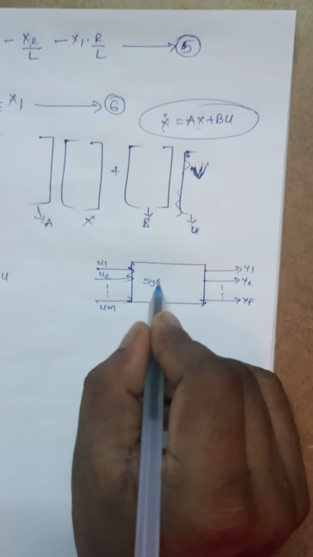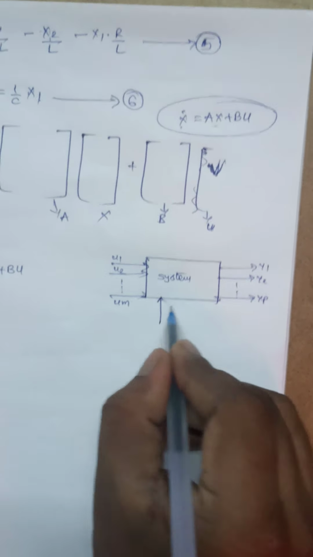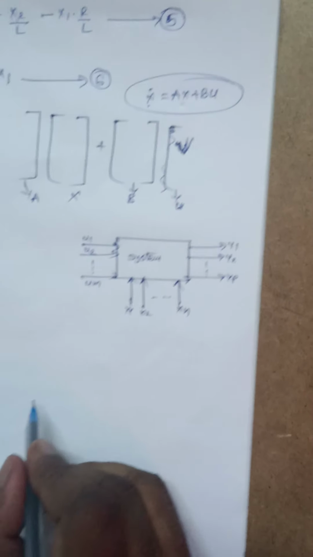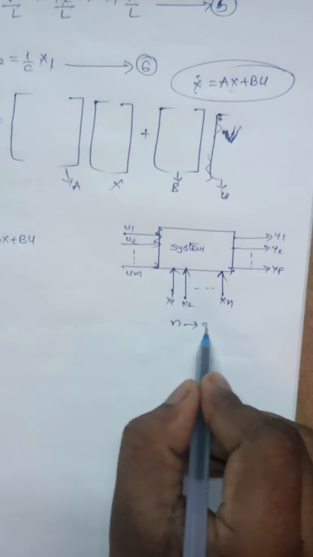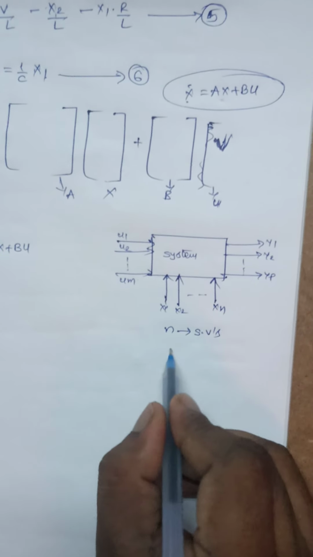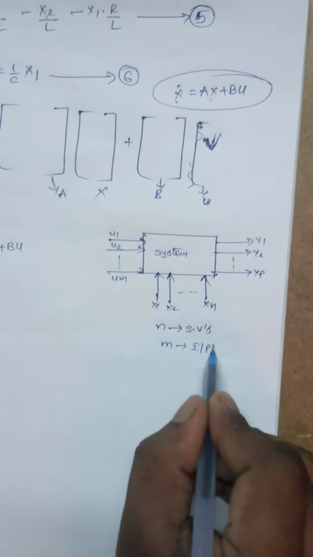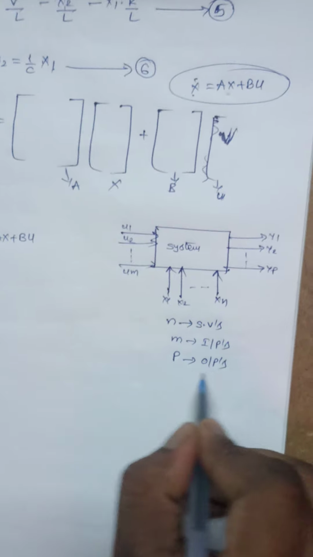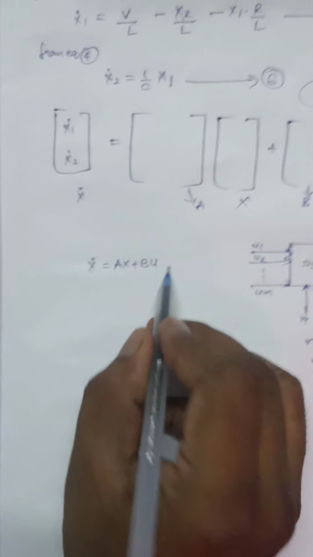This is the system, and the state variables are x1, x2, up to xn. So here n state variables are there, m inputs are there, and p outputs are there. Okay.